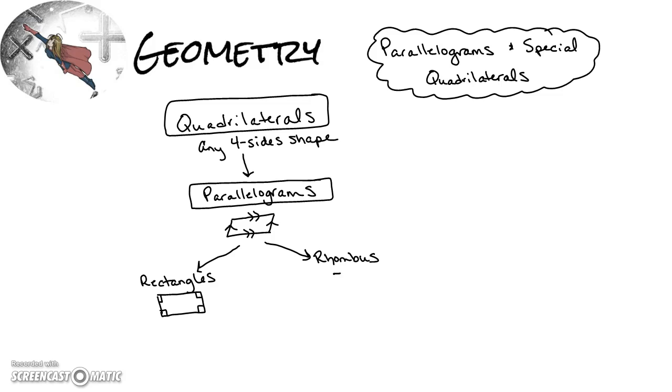And then a rhombus is a parallelogram that does not have four right angles, but it has all four sides congruent. And if you merge these two, a rectangle and a rhombus, that's when you get a square. So the square has all four sides congruent and all four angles are right angles.